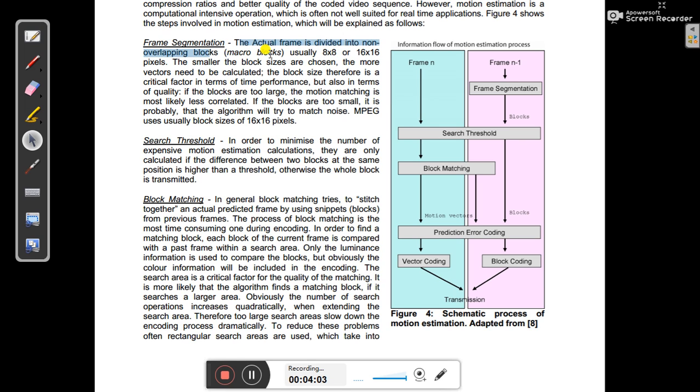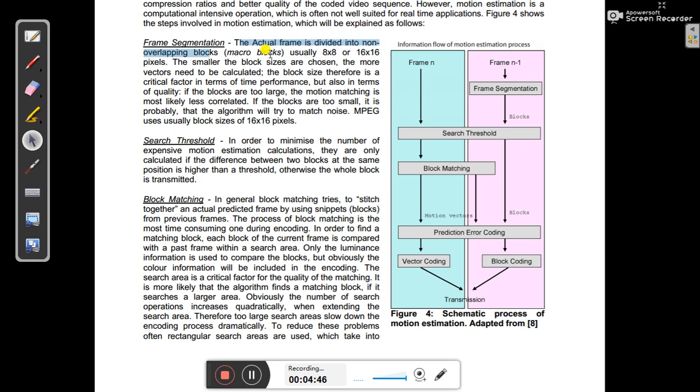So rather than going for motion estimation for every frame, motion estimation will be calculated only if the difference between two blocks at the same position is higher than a threshold. Otherwise the whole block is transmitted without calculating motion estimation.